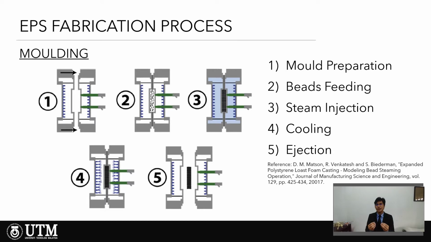With the high steam, the EPS beads are then combined together, or I would say fused together, to produce an EPS product. After that, a cooling process of the mold happens as a curing process to the mold and the EPS products. Hence, the EPS is produced.